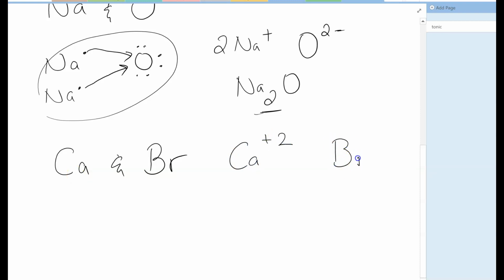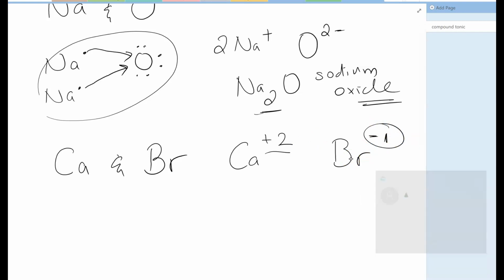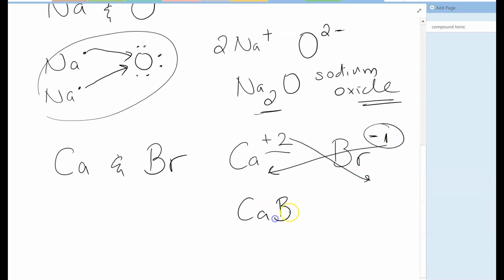Bromine is going to become bromide, so -1. And we forgot to name this. This is sodium oxide. So calcium and bromine. If calcium is +2, bromine is -1, how many bromines do I need to neutralize the calcium? So basically you crisscross the charges to be subscripts. Calcium bromide.